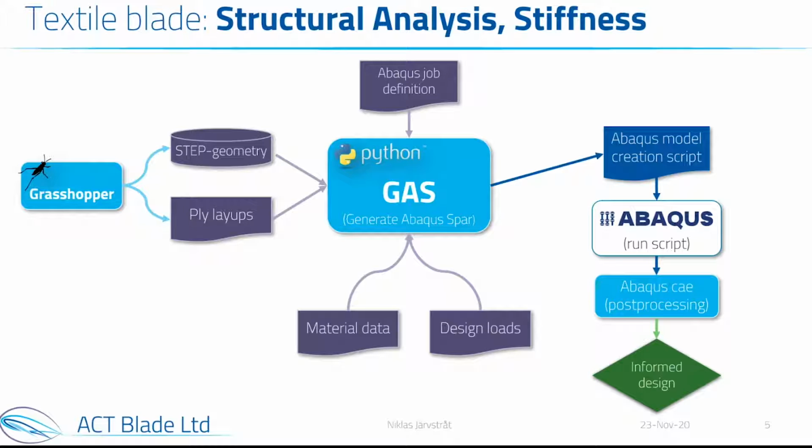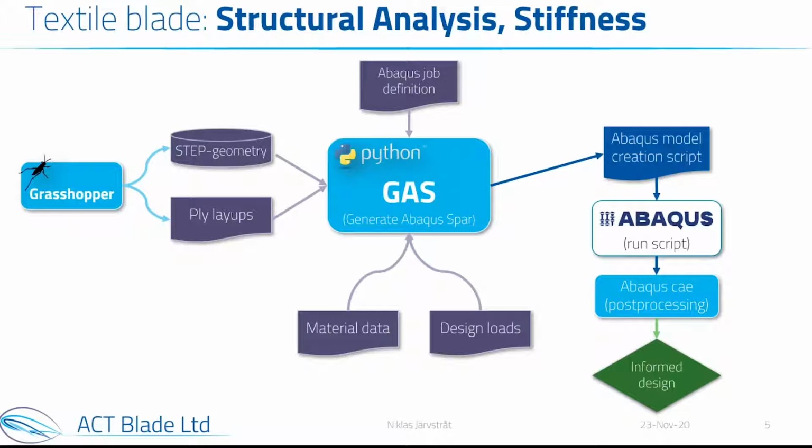If we first take a look at the structural analysis tools, here we have built a system to make use of parametric CAD from Grasshopper to fully create Abaqus jobs with all properties and load application, ready for running.